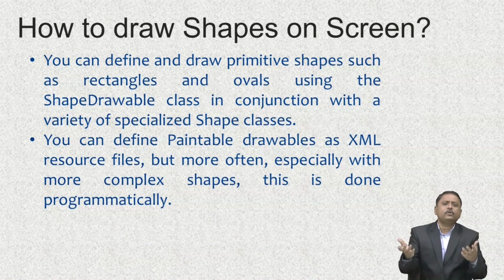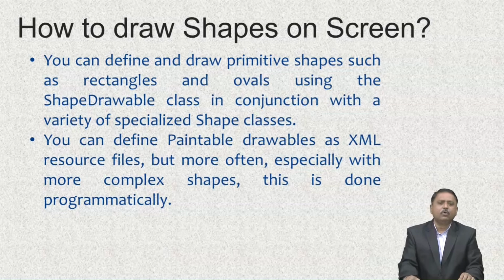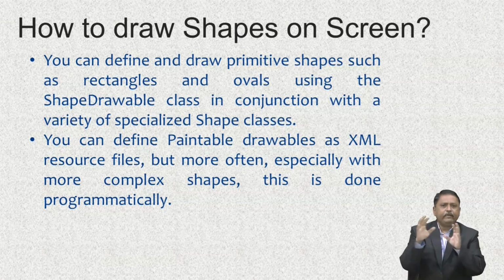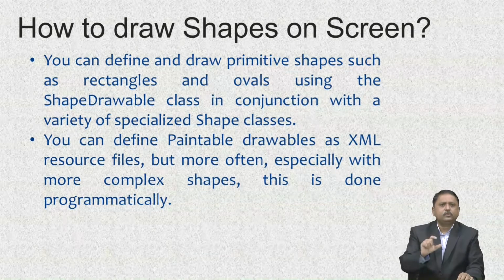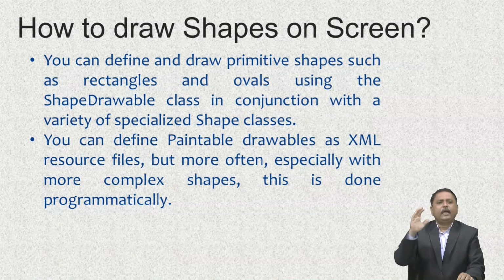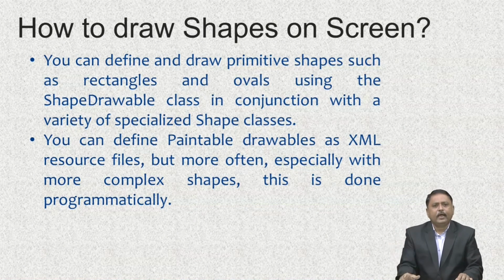You can also define a paintable drawable as an XML resource file, but more often, especially with more complex shapes, this is done programmatically. So, we write code to draw shapes, but you can also write XML code to draw these, and then you can set that view as the content view.